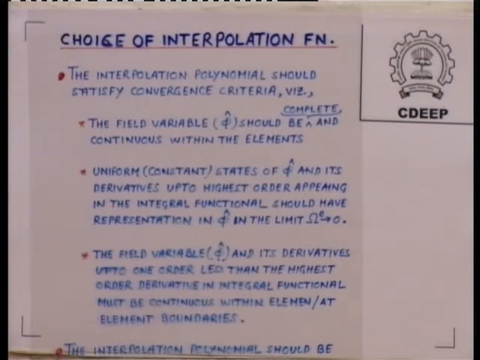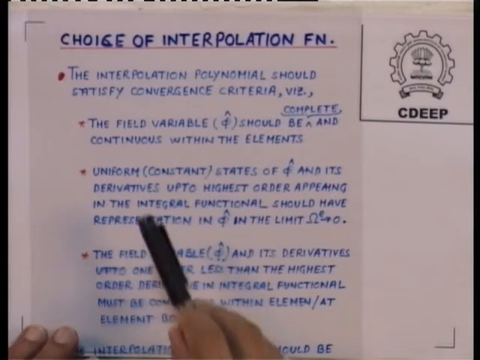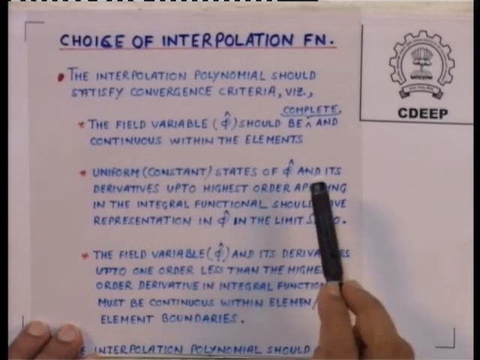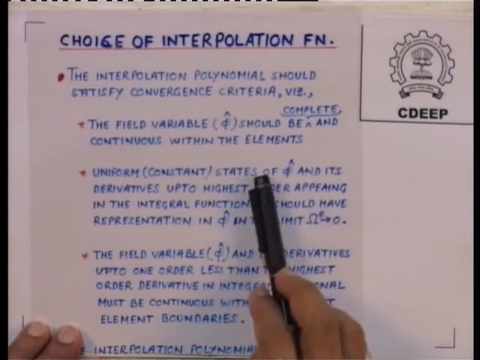Don't leave out any term. If you want a triangle, there must be a1 plus a2x plus a3y, and if it is in 2 dimension, a4xy also. So, the completeness also is important.